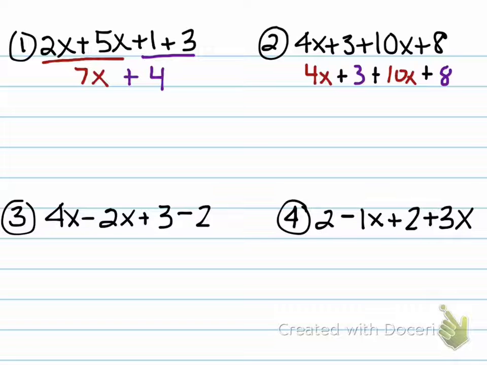Alright, so now, let's combine our like terms. These are all pluses, so this makes it nice and easy. I can rearrange this to 4x plus 10x plus 3 plus 8, but let's just add it. 14x. This is kind of the shortcut. We could do this because of the commutative property. And now I have 3 plus 8. 3 plus 8 is 11. So there's my answer.